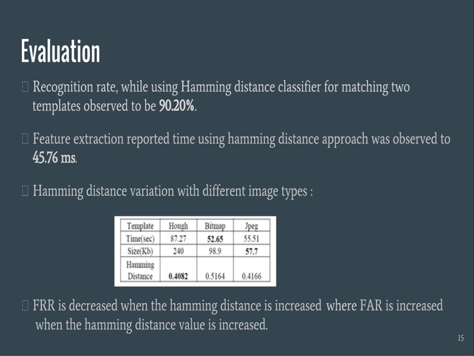So basically, if you have a threshold of Hamming distance more than 0.4, then a lot of people would be able to have their iris patterns recognized more efficiently.